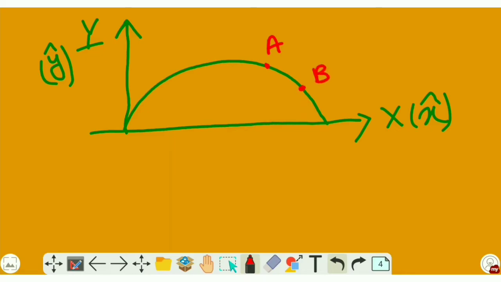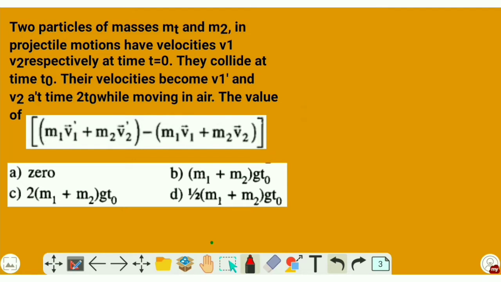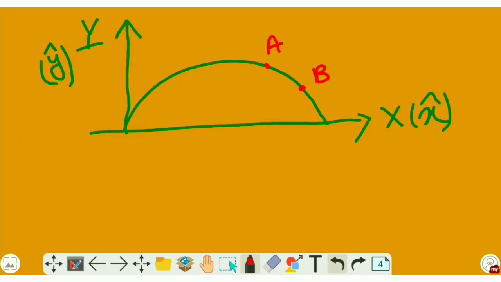Now, in our question it has said that at t equals 0 they have velocity v1. So this is the direction of its velocity and this is the v1 vector. It has basically two components, in the vertical direction and in the horizontal direction. Let's say the angle is theta.